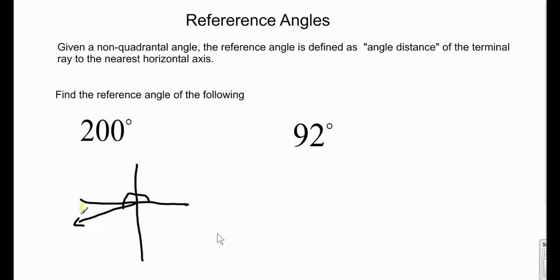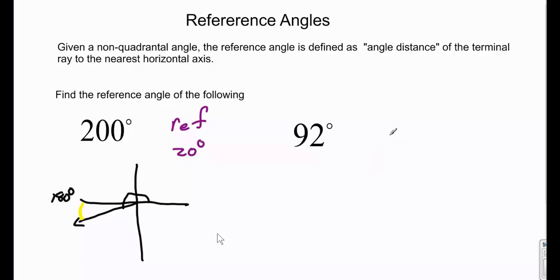Here's the nearest horizontal axis, and I want to know how far away from that I am. If I rotate half a circle, I'm at 180 degrees. We ended up with a 200-degree angle, so I have 20 more degrees to get to 200, therefore 20 degrees back to 180. Reference angle is 20 degrees.